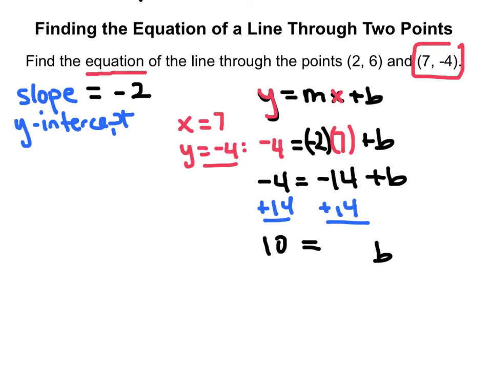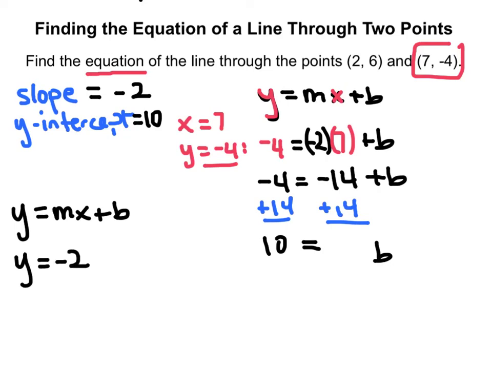That's exactly what we got for the y-intercept when we chose the point (2, 6). So choosing (7, -4) really wouldn't make a difference. We would still write our final answer, y equals mx plus b, plugging in our slope, negative 2, and our y-intercept, 10. So we have our final answer.